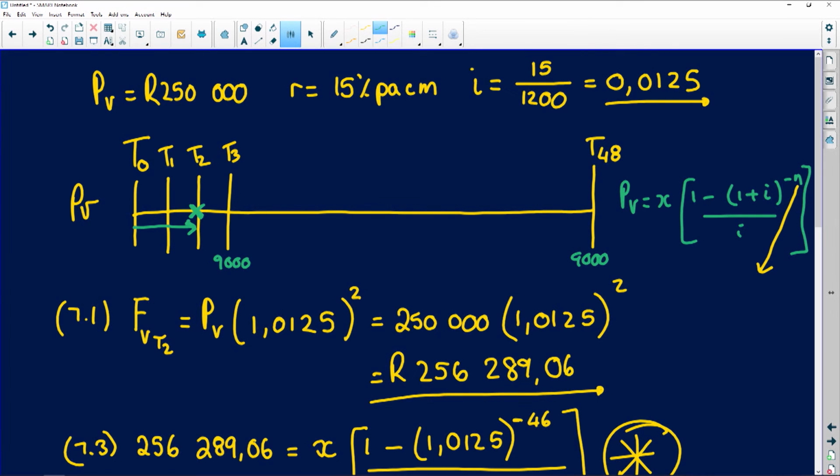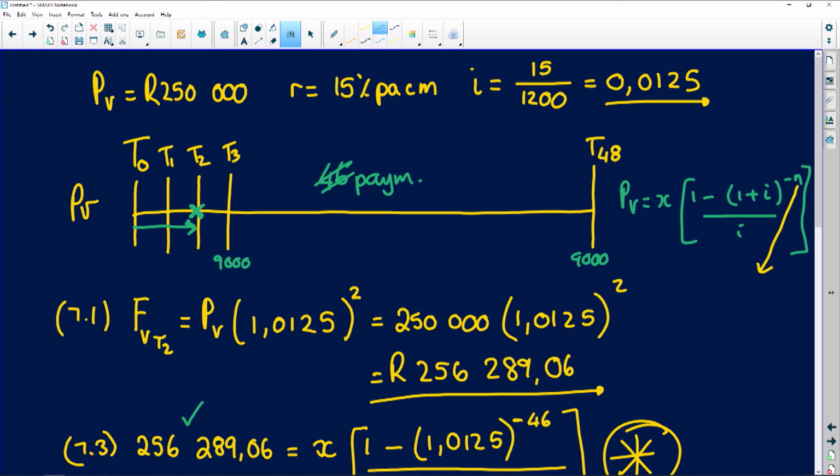So what do we need? We need this present value, which we do have. We need the present value of all those payments. Now remember, there were 46 of those payments initially at the initial rate. But now if he pays 9,000, which is what the question says, how much is the final payment?